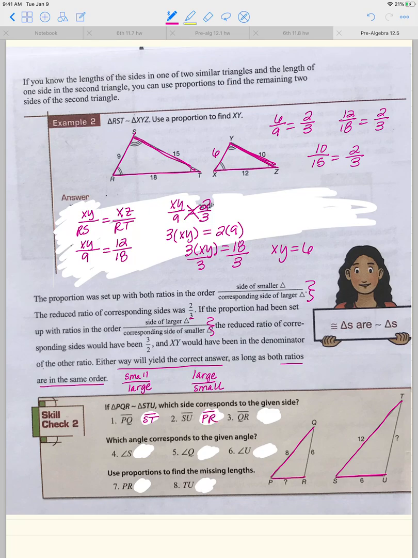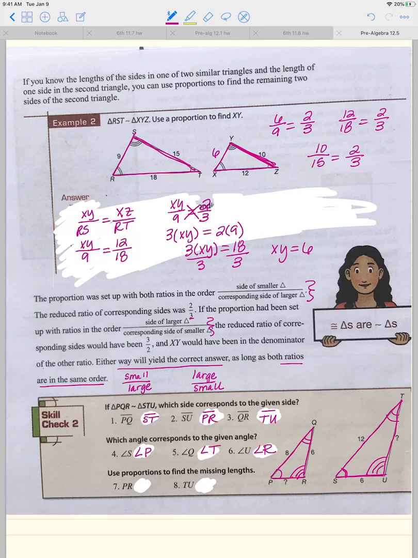And QR corresponds to TU. Which angle corresponds to the given angle? Angle S corresponds to angle P. Angle Q corresponds to angle T. And angle U corresponds to angle R.